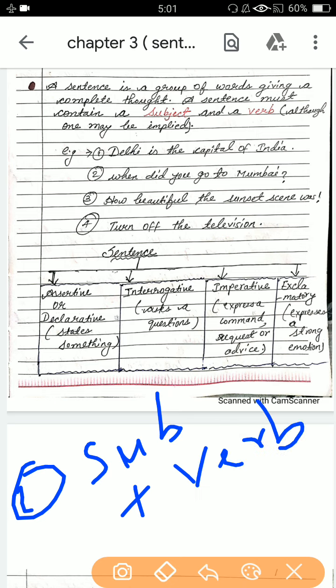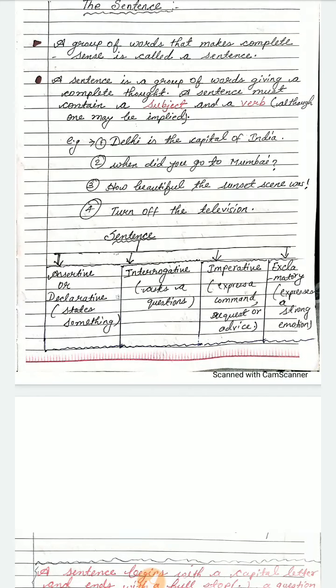But in some sentences there is no subject. Here in example number 4, turn off the television. In this sentence we see that there is no subject. It means that here the subject is understood.